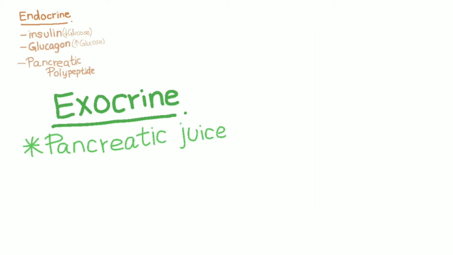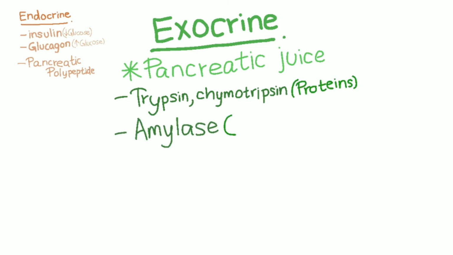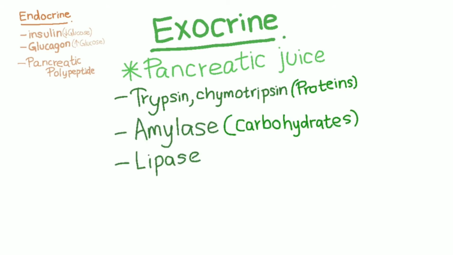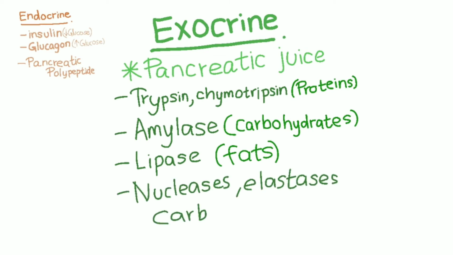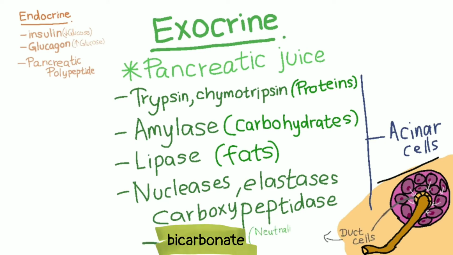The pancreatic juice contains important enzymes such as trypsin and chymotrypsin for the digestion of proteins, amylase for the digestion of carbohydrates, and lipase for fat breakdown. Nucleases, elastases, and carboxypeptidase are other enzymes secreted by the acinar cells. The epithelium layer of the ducts secretes bicarbonate ions in order to neutralize the chyme.